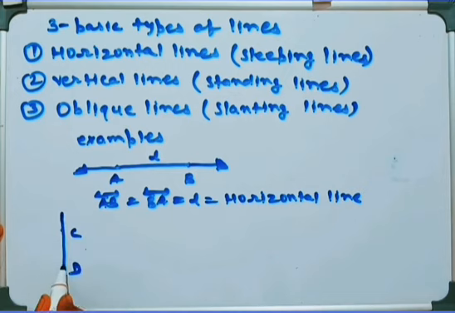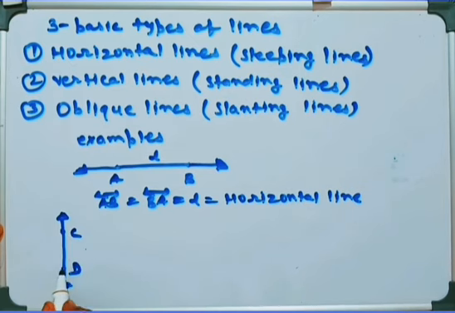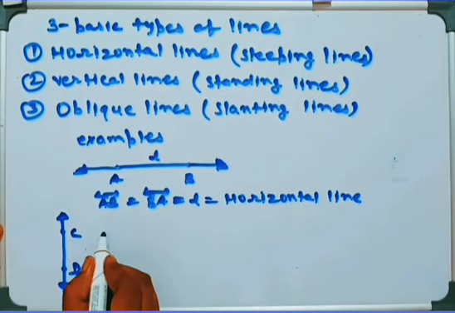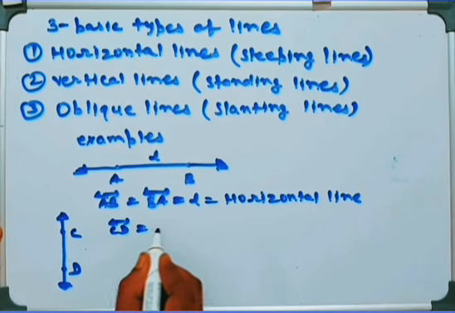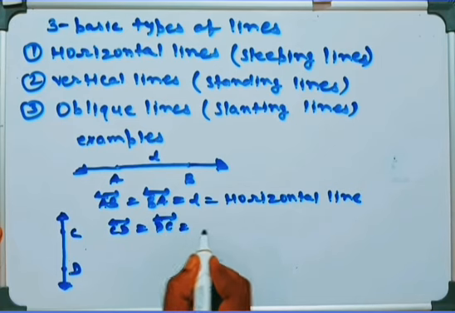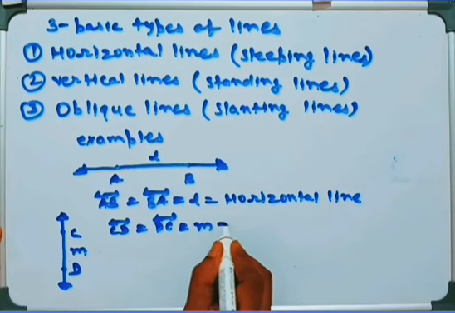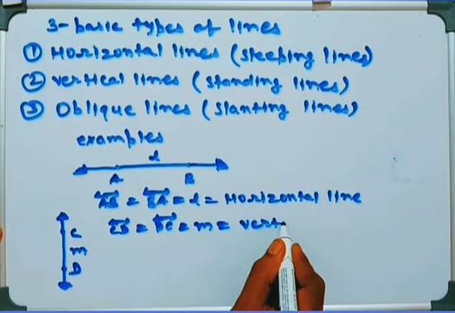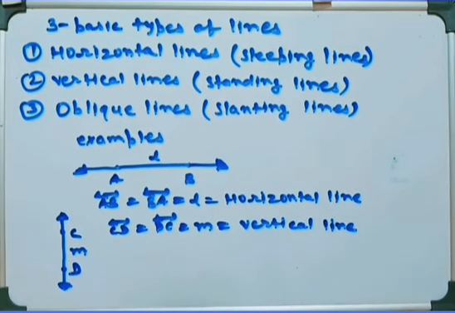Now make a straight path like this and arrowheads like this. This becomes a vertical line. And now line CD, line DC, both are same and it is represented by M. Then it is a vertical line.